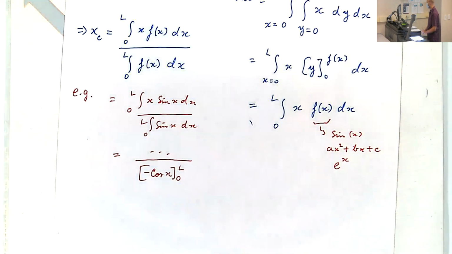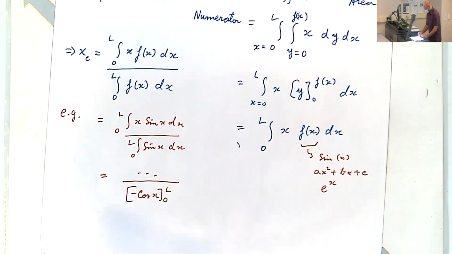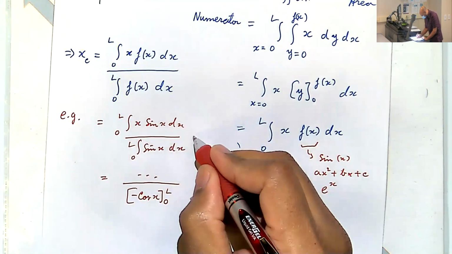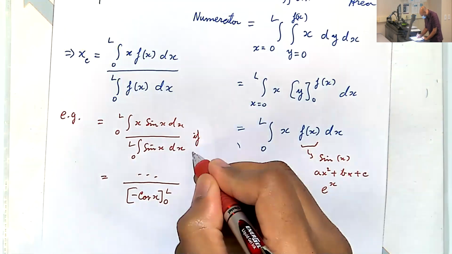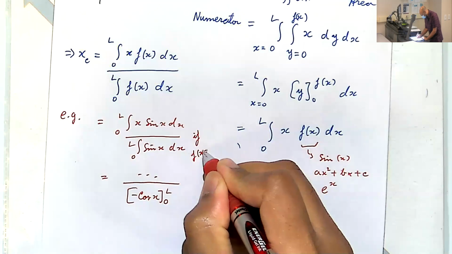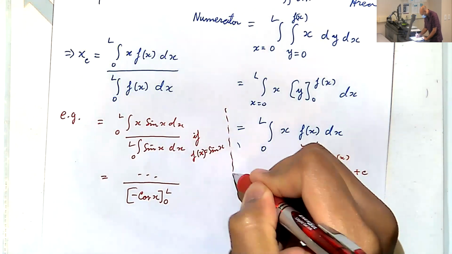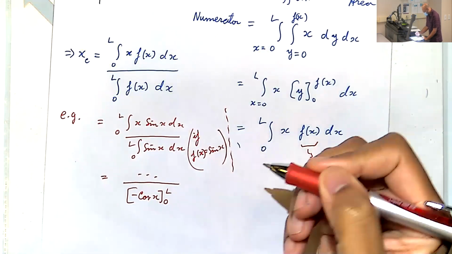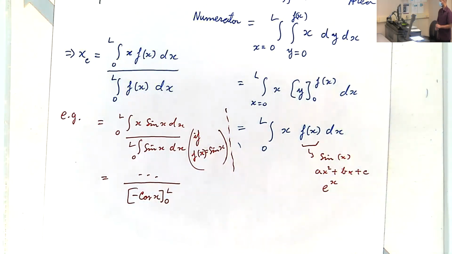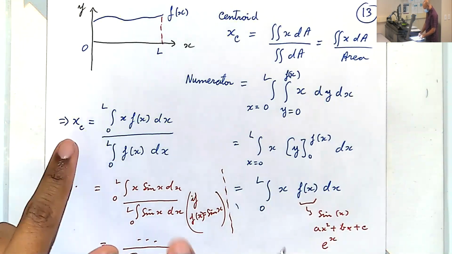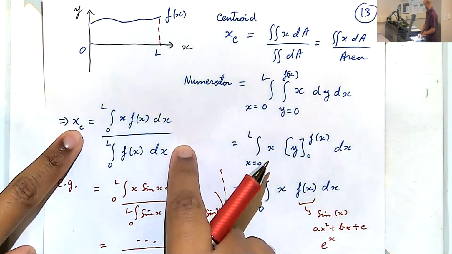So in this example, you're given that f of x is equal to sine x. That's how we get the centroid in the x direction.